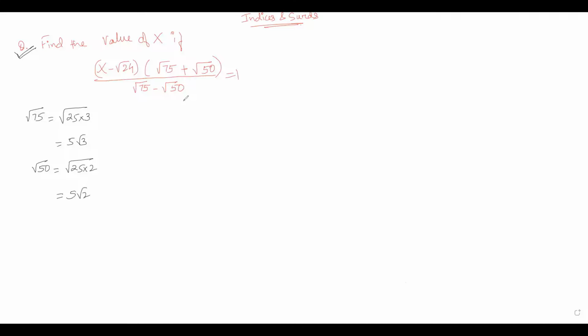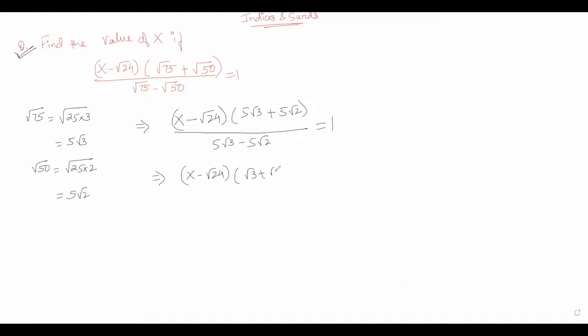So if we simply replace these pure surds by their mixed surds, in that case, this would be x minus root 24 times 5 root 3 plus 5 root 2 upon 5 root 3 minus 5 root 2, and this is equal to 1. Now we can cancel 5 from the numerator and from the denominator. So this would be x minus root 24 times root 3 plus root 2 upon root 3 minus root 2 equal to 1.